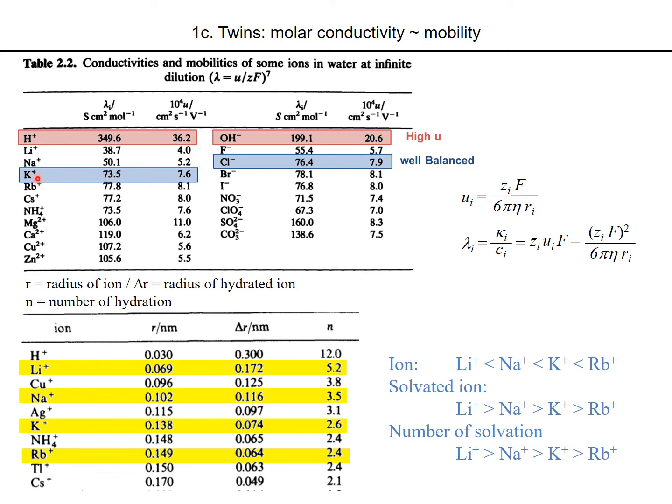The K plus has its mobility at 7.6, and chloride minus shows 7.9. So the values are similar to each other for K plus and Cl minus. So KCl salt is well balanced in terms of mobility. I will explain about the KCl later.